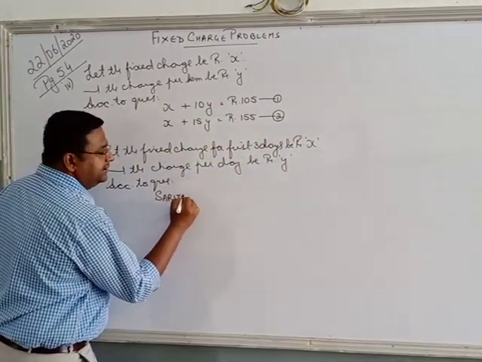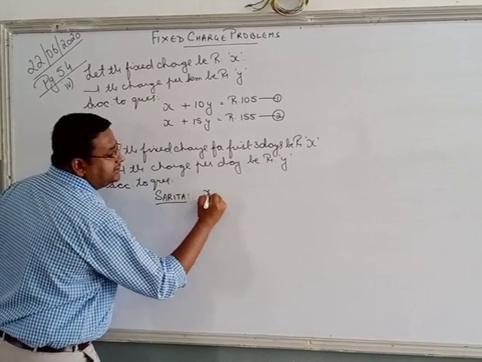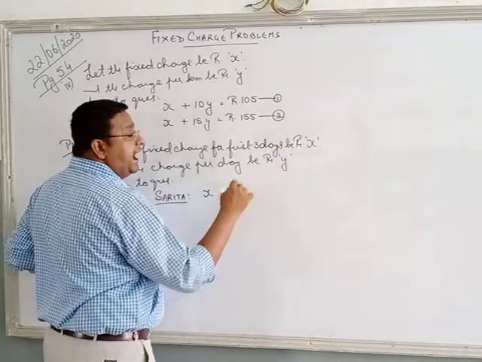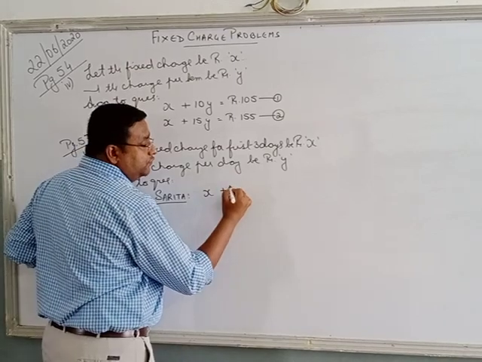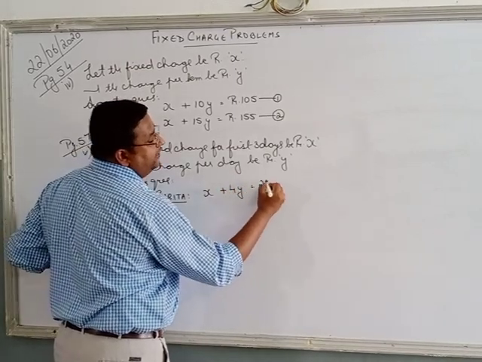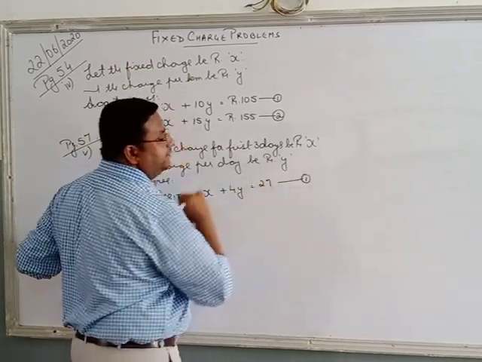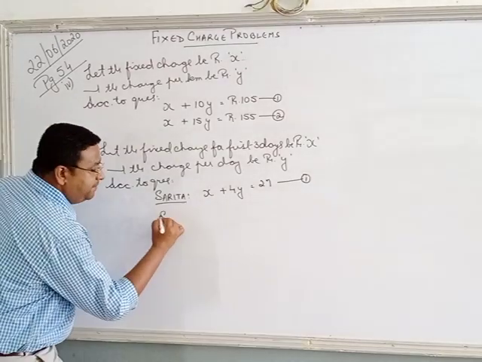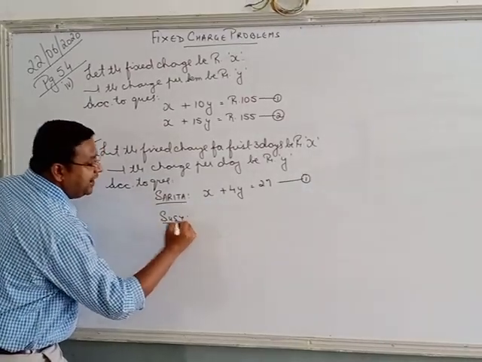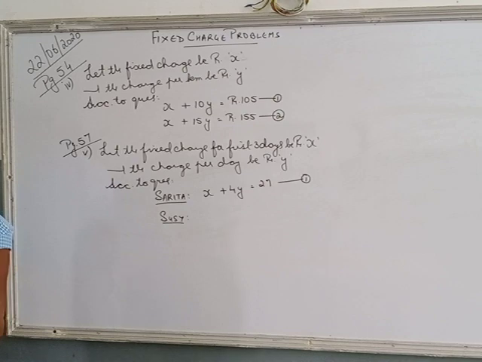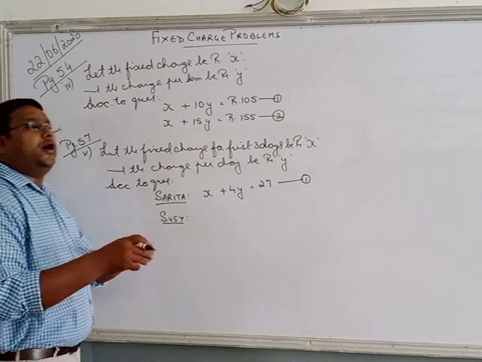Sarita, 2 people are there. One is Sarita, whereas the second person is Susie. Susie paid 21 rupees for a book she kept for 5 days.